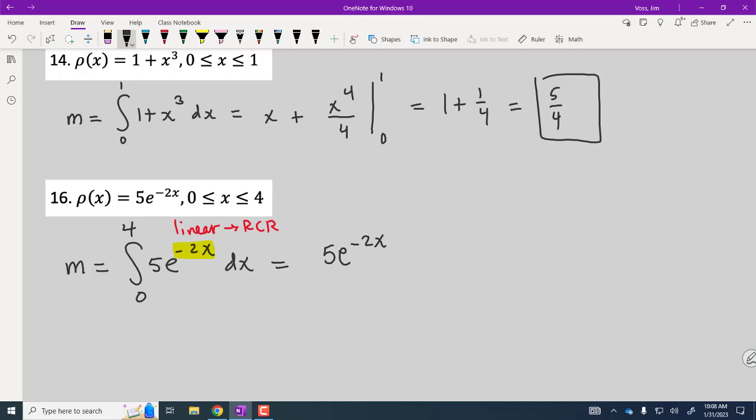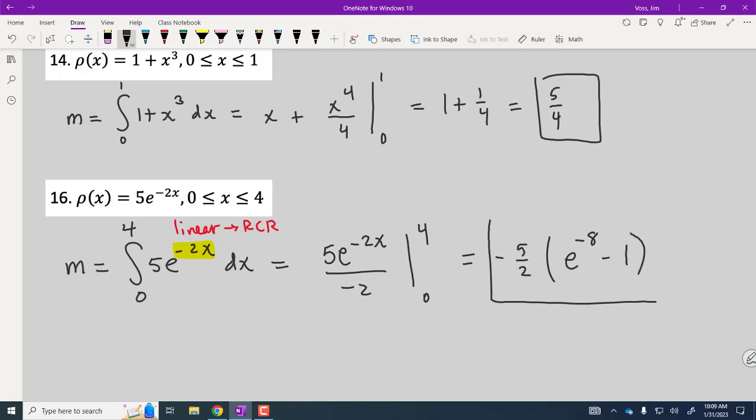And then we do what for RCR? Divide by negative 2. Nothing crazy. So this gives us negative 5/2 as the coefficient. And then we're going to get e to the negative 8 minus e to the 0. E to the 0, of course, is 1. So that is our mass of the wire, the rod, this one-dimensional object.